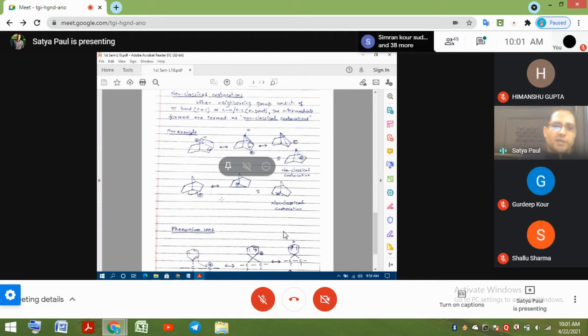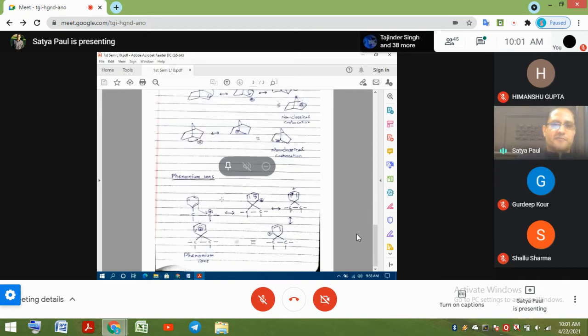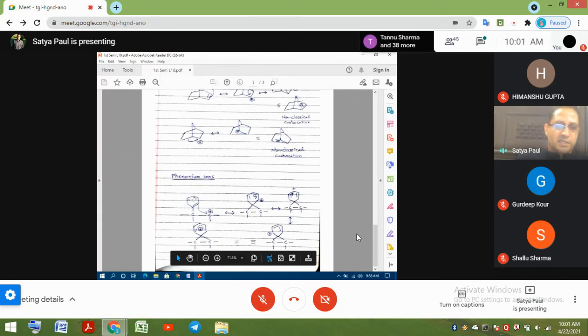Now we have another important thing, that is the phenonium ions. Phenonium ions are formed when ring electrons of the phenyl ring attack the adjacent carbon.